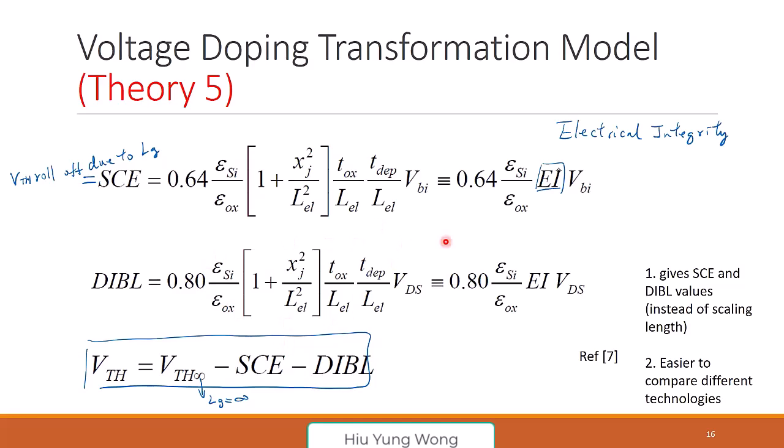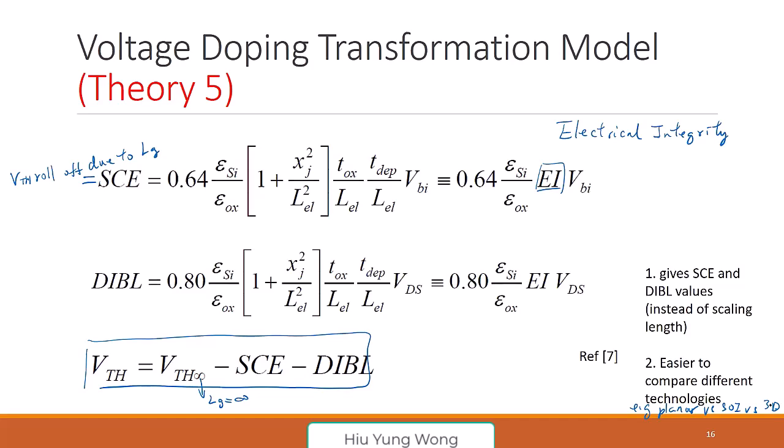They share the same quantity called EI, electrical integrity. This is important. We can use it to compare different technologies. When we say technology, it means, for example, planar versus SOI versus FinFET. Let's say 3D transistor.